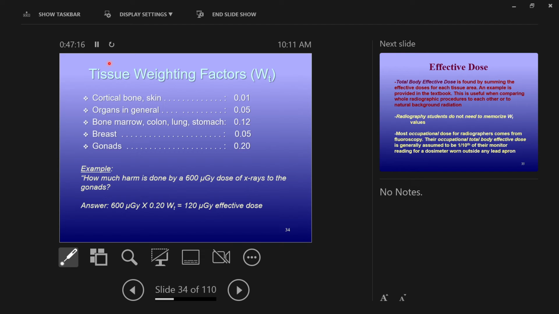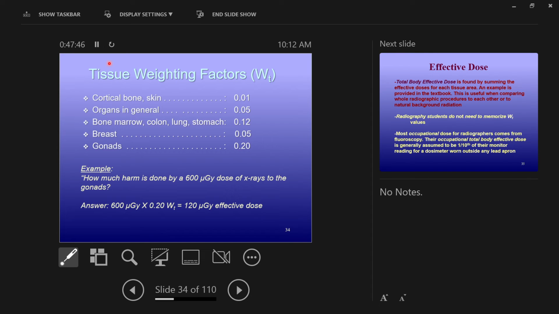All right, all that said, there's the table. So these are going to come up on tests. Sometimes you have to remember numbers, and here's some numbers. Cortical bone and skin has a tissue weighting factor of 0.01. So you would take the dose in gray and multiply it by the tissue weighting factor.